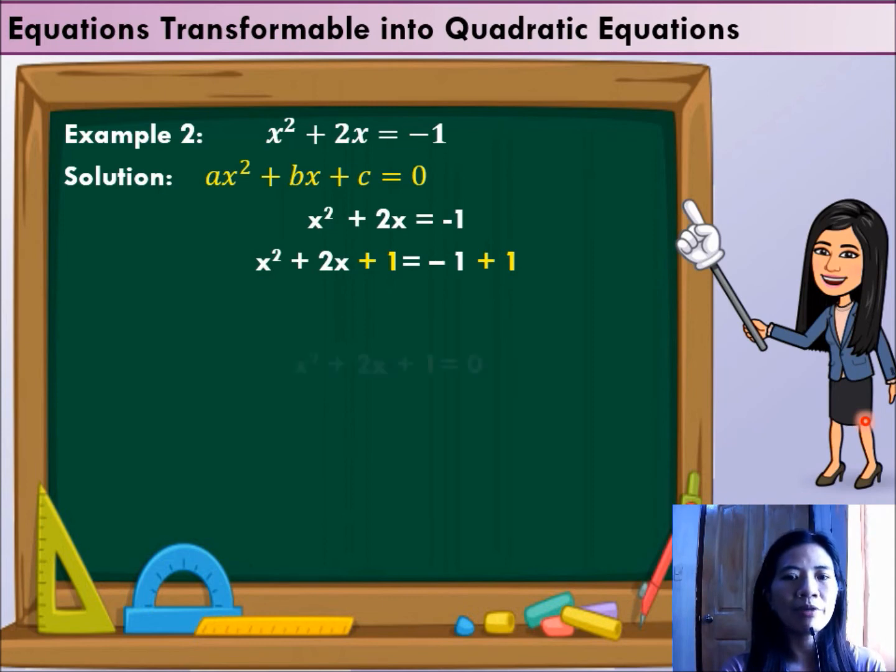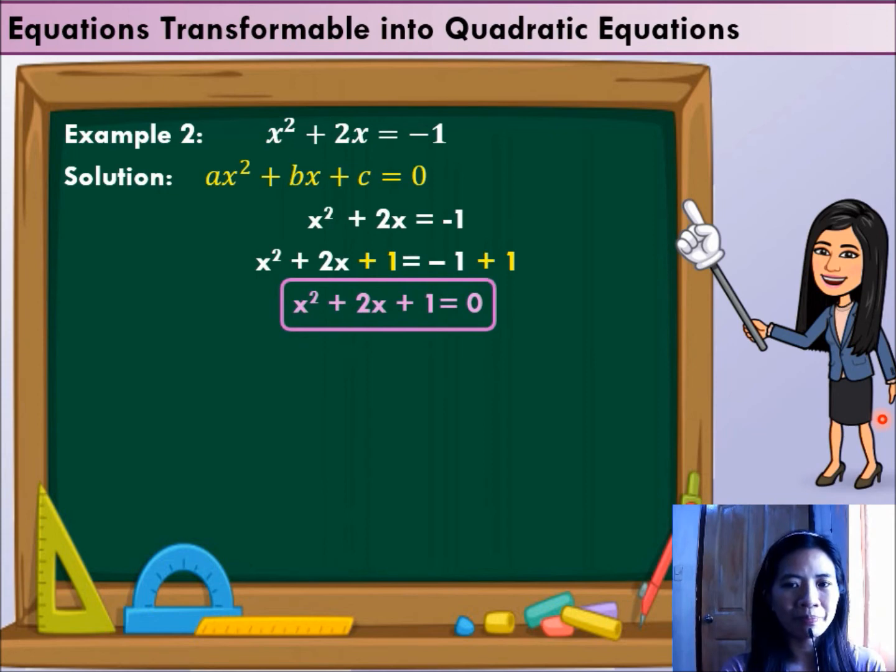And then simplify, we have x squared plus 2x plus 1 equal to 0. So this is now your standard form. And then by factoring, we can solve the given equation.